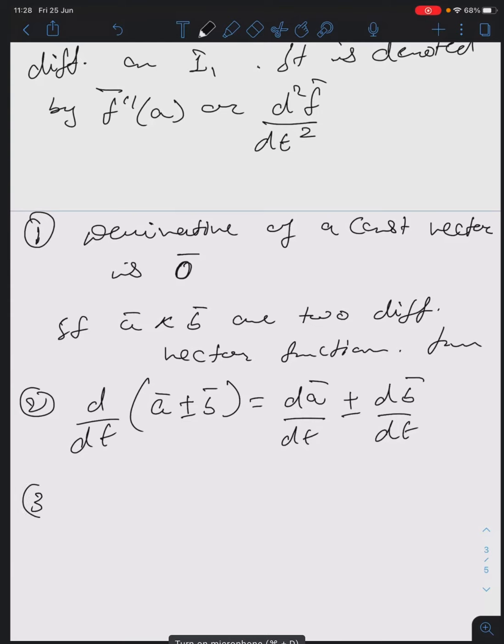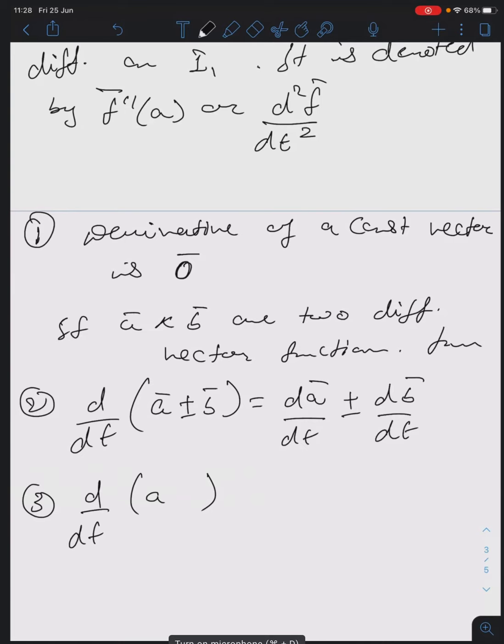Similarly, here, since these are two vectors, one more thing I want to mention: you should have a thorough knowledge about the dot and cross product. You have learned those things, no? Dot product, cross product between vectors. We will require that while solving the problems.